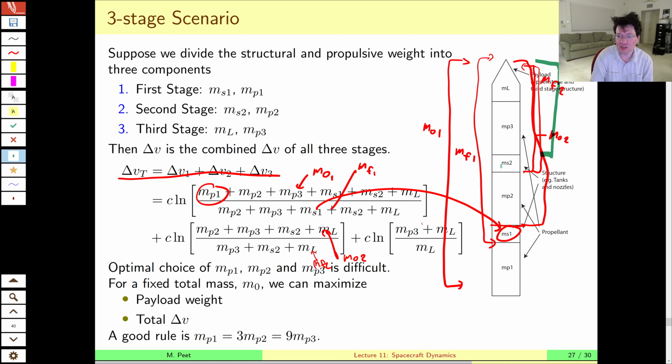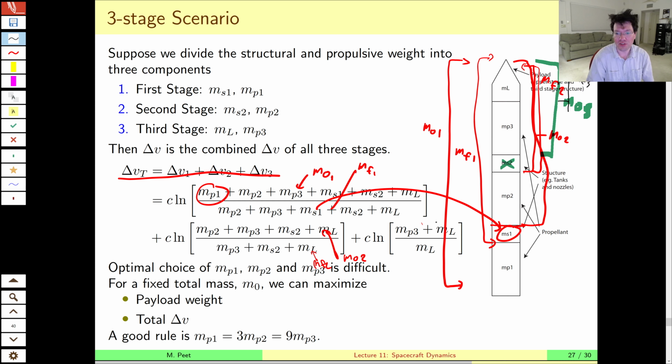Once we've jettisoned that second stage structural mass, that's m naught 3. And that's m f 3.